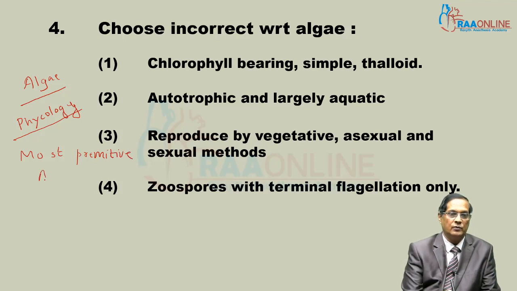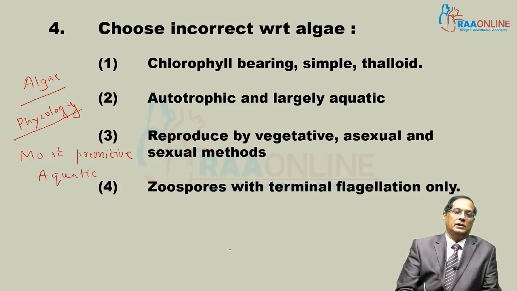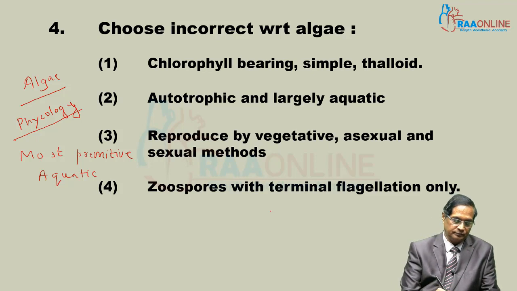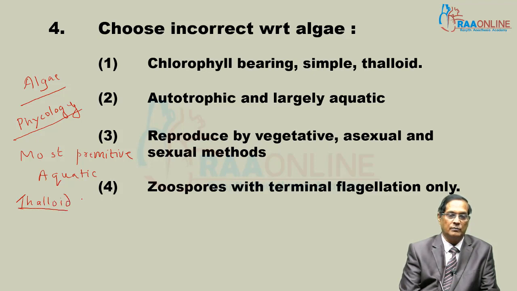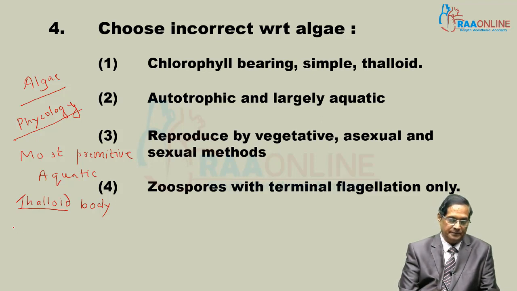They are mainly aquatic, that is found in water, and they may be marine or freshwater. Body is thalloid, that is not distinguishable into root, stem and leaf.